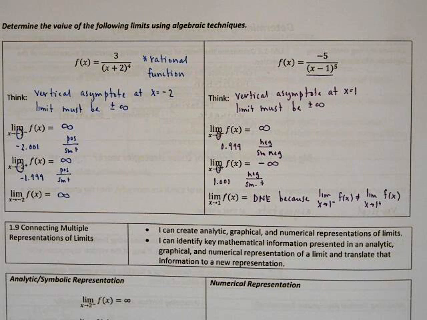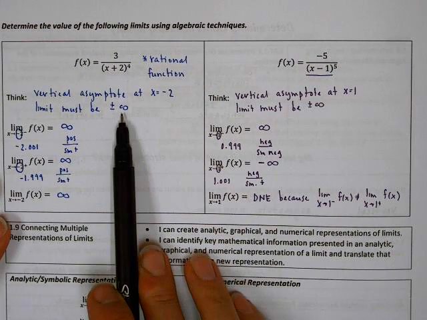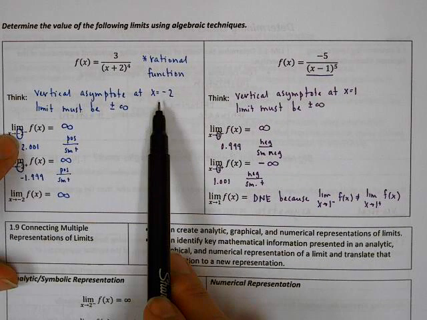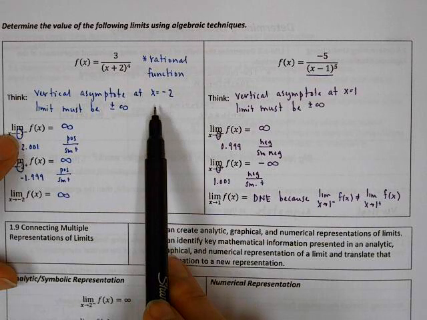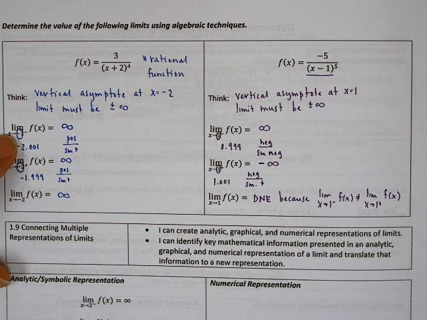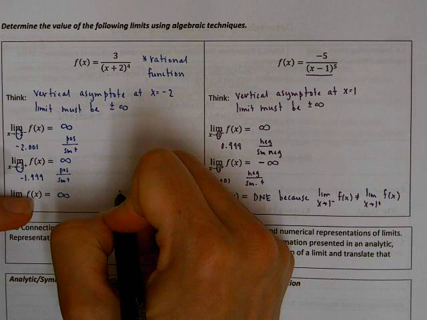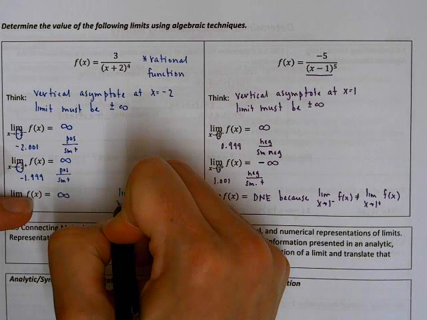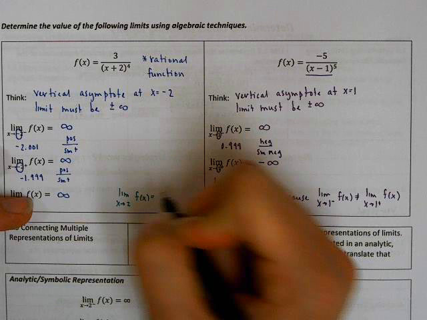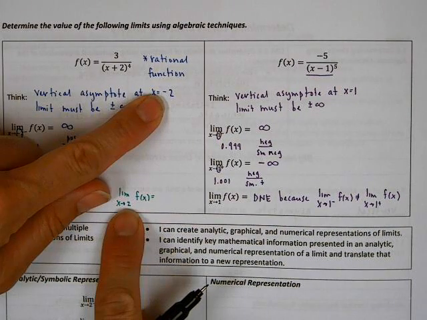Now, one thing I really want to make sure we're clear on is this whole idea of the limit being positive or negative infinity is only when we're evaluating at the limit where we know there's a vertical asymptote. We don't want to overgeneralize this. So for example, I'm just going to make up a question. Let's look at this. If this happened to say the limit as x approaches, let's say positive 2 of f of x, well now the value I'm evaluating it at is not where the vertical asymptote is.